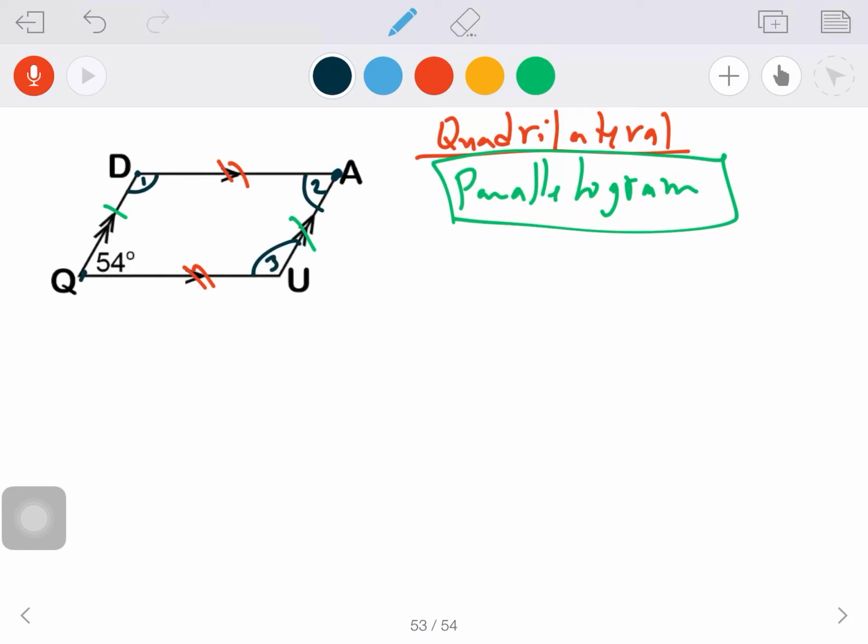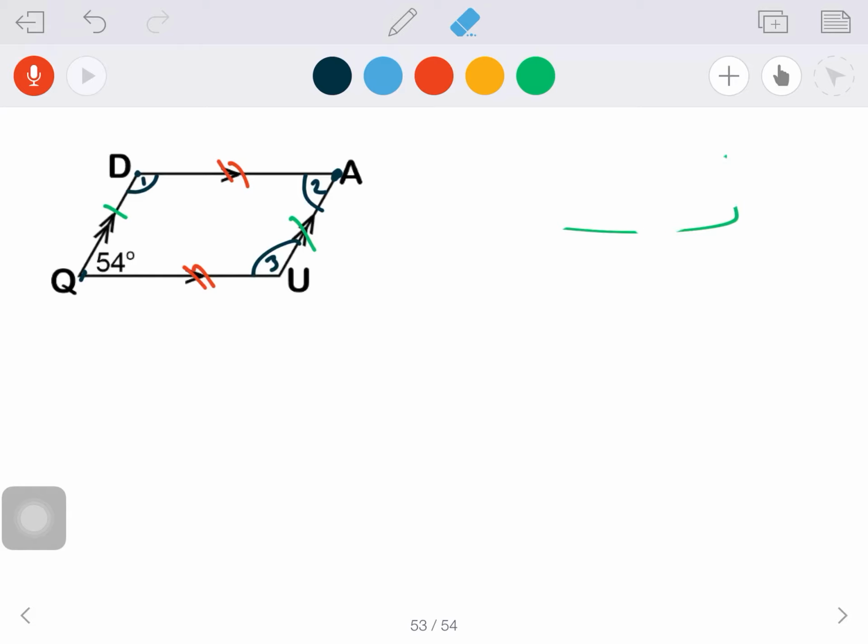Now, how are we going to do that? So, imagine if we are going, let me just erase this one first. If we are going to extend the lines, say DA, if I'm extending DA and I'm extending QU, these two lines will, of course, become what? Parallel.